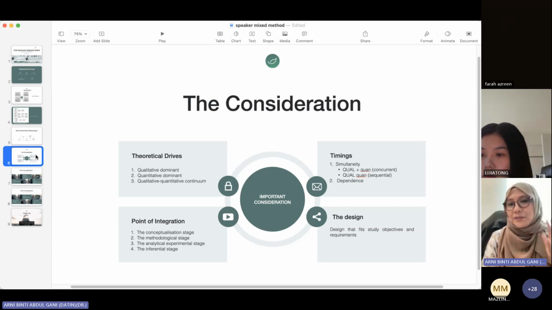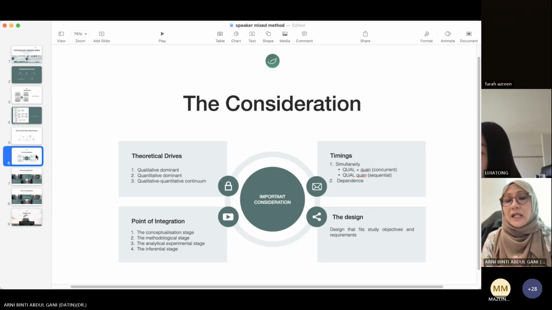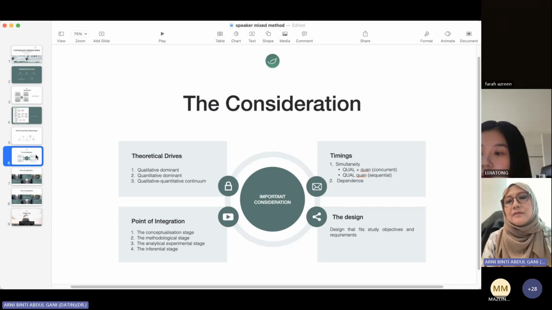However, they should always be treated as two different things. Sometimes, to fit your research objective or other conditions surrounding the conduct of research, mine will have to be sequential but independent, those kinds of things. But that definitely relies on you as a researcher.